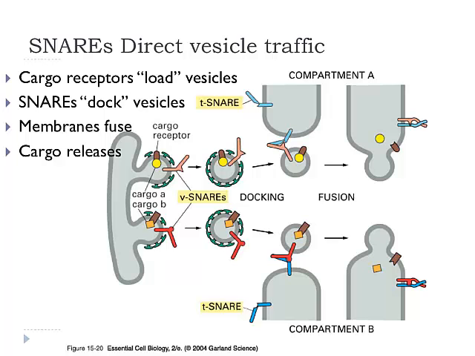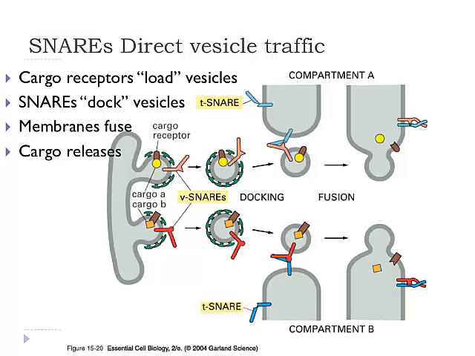So at the site of the ER, for example, there would be a receptor in the membrane that would recognize that protein that needs to be secreted, for example, the antibody molecule, immunoglobulin.